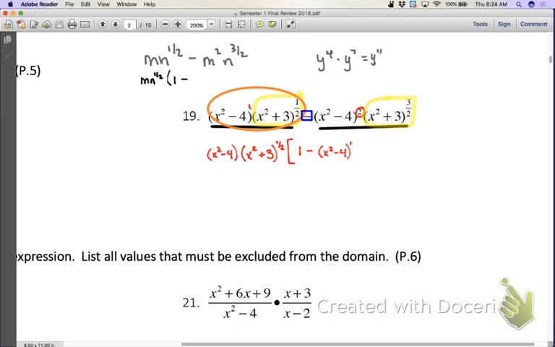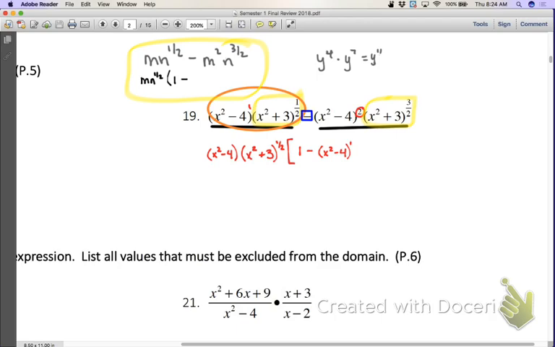Okay? So if you can really look at it like this and simplify it, you're going to do the same thing. It's just there are more pieces and parts to the actual original equation.